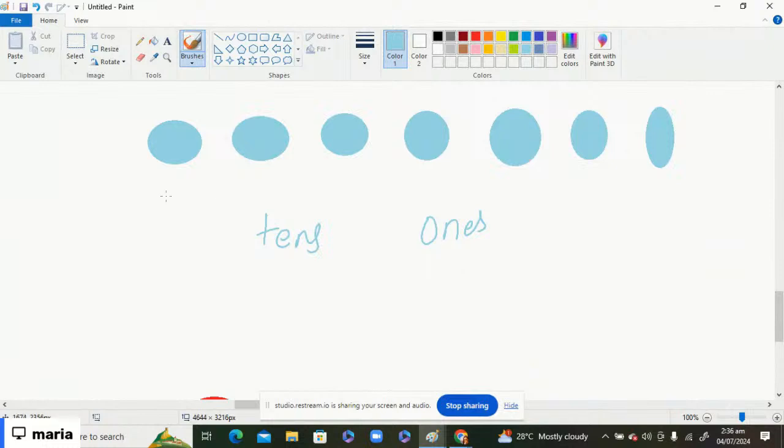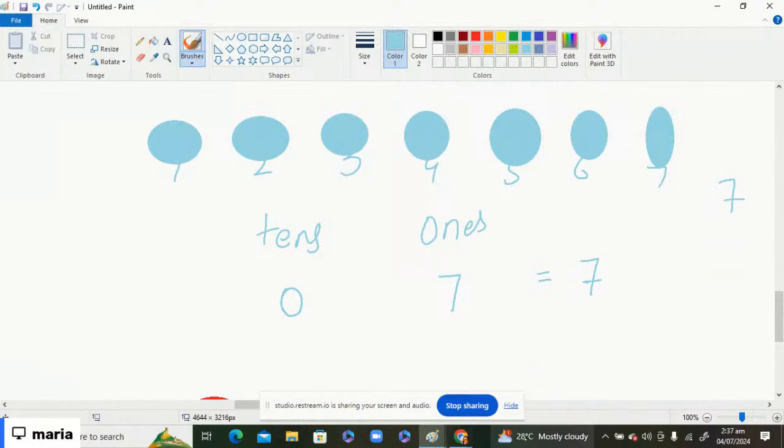When we count it, it becomes 1, 2, 3, 4, 5, 6, and 7. Total dots are 7, and 7 is a single digit, so you are going to put 7 in the ones place. So 0 is in the tens place, and when you add it, this should be 7.